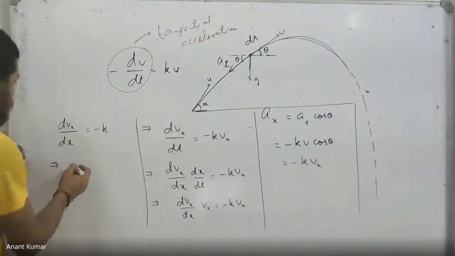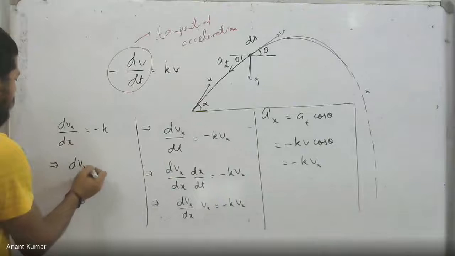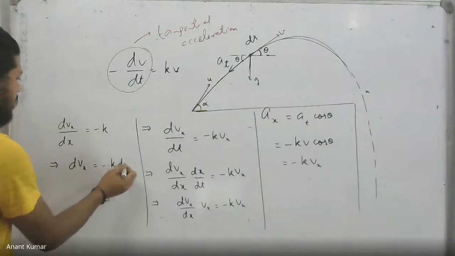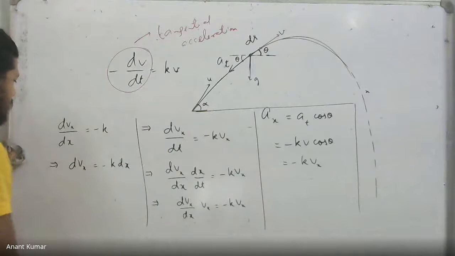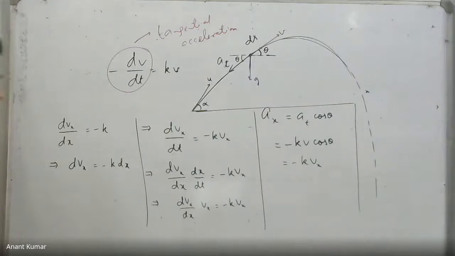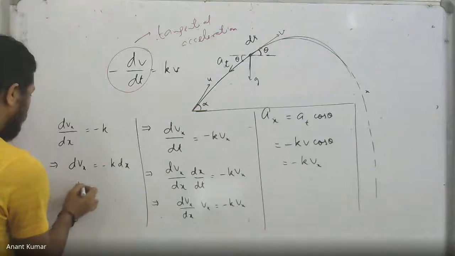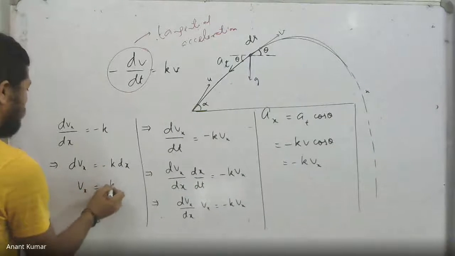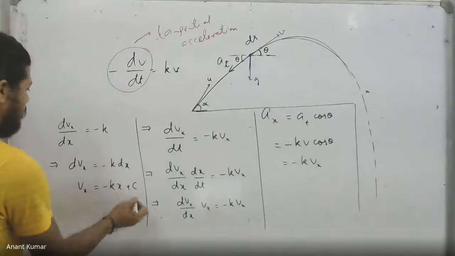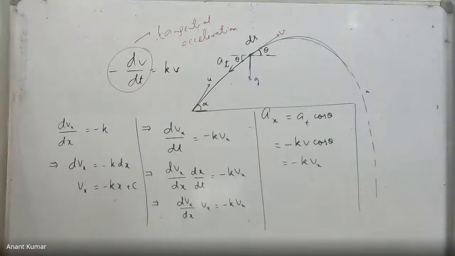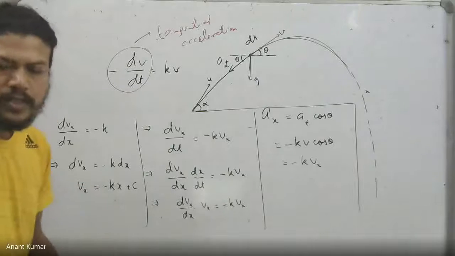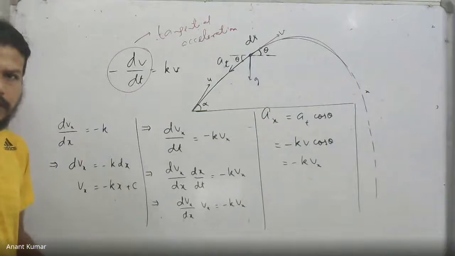This one gives us dvx as minus k dx, and that gives us effectively that vx must be minus kx plus a constant. Some constant has to be added to make sure that we are getting the correct result. Or you can just apply the fact that because dvx by dx is a constant, vx must reduce at a constant rate.